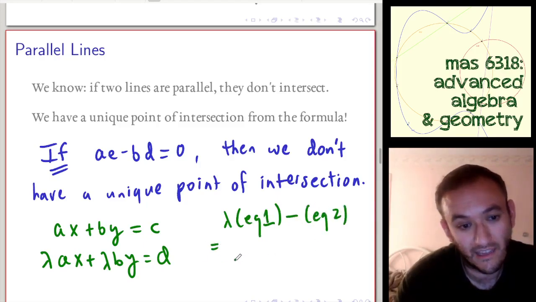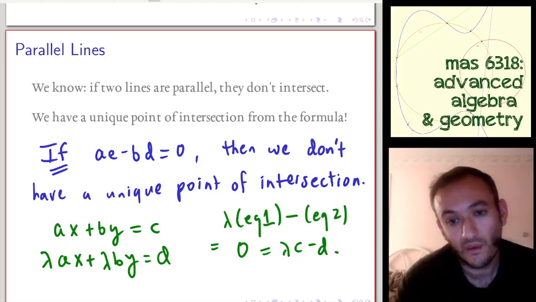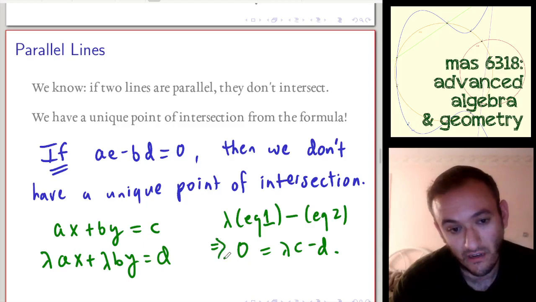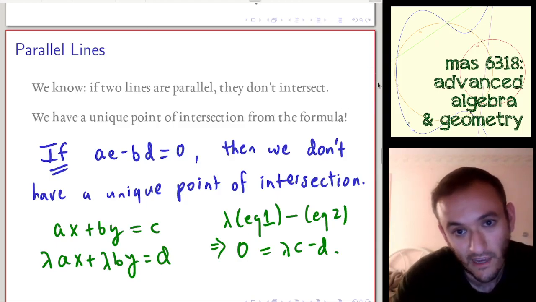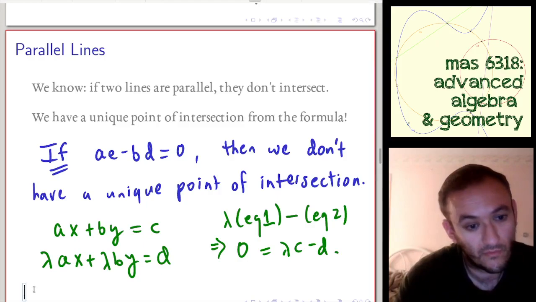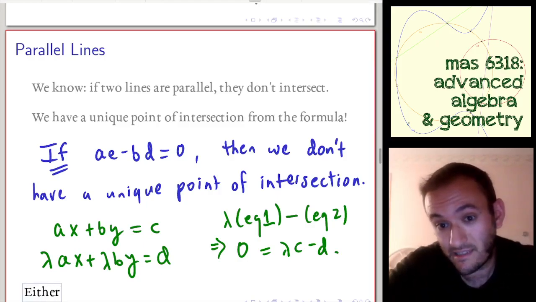And what we get is 0 equals lambda c minus d. So this equation tells me that either lambda c minus d equals 0, and it doesn't matter what x and y are.